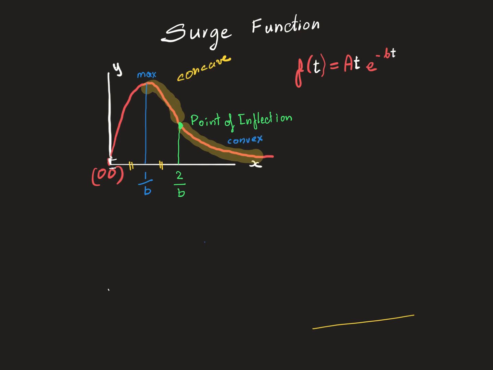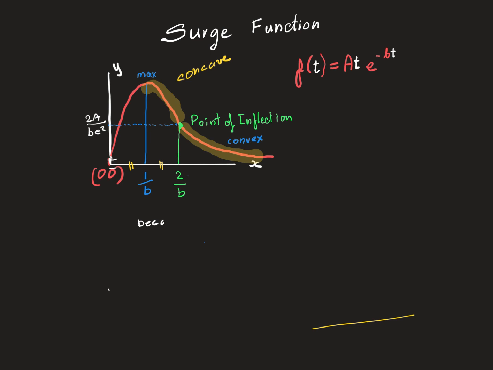At the point of inflection, the x value is 2 over b, and the y value is 2a over b e squared. Okay, so surge functions always pass through the origin. Why?